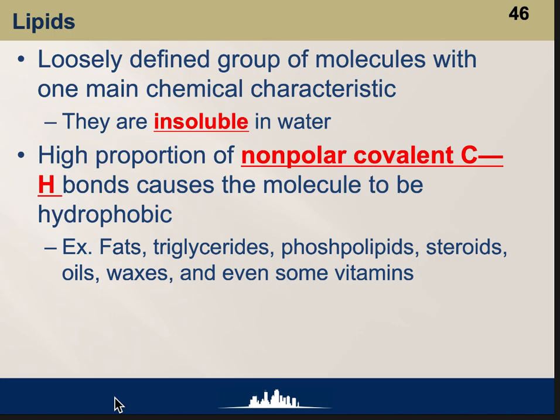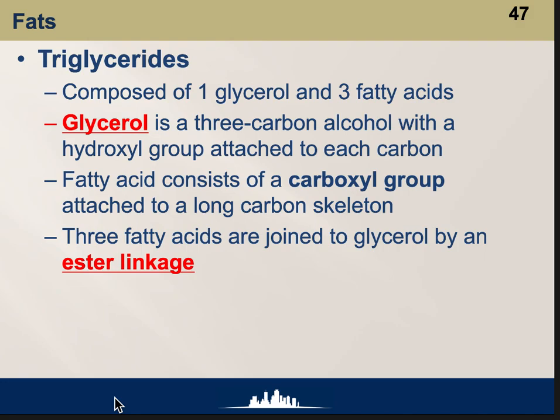You can underline that in your notes. Some examples, and we'll talk about a lot of these: triglycerides, composed of 1 glycerol and 3 fatty acids. Glycerol is a 3-carbon alcohol with a hydroxyl group, and we will look at what this looks like in the next slide.